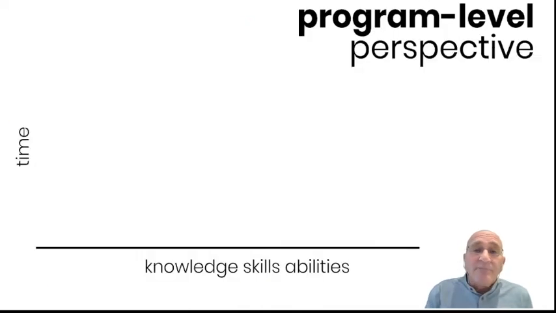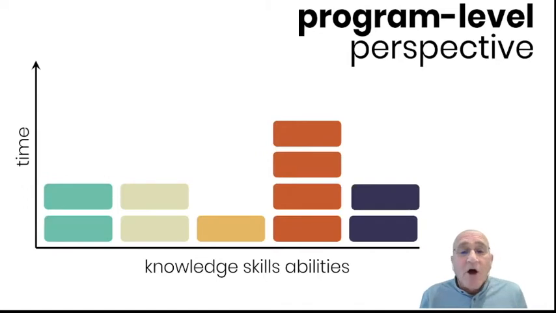The part that it plays is providing a program level perspective on the knowledge, skills, and abilities being developed over time through the program, in particular through the curriculum of the program and through the courses in that program. We're aggregating up the individual course experiences to the program level when we're looking at curriculum mapping.